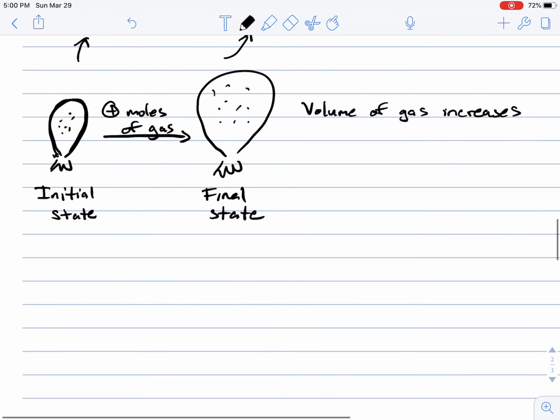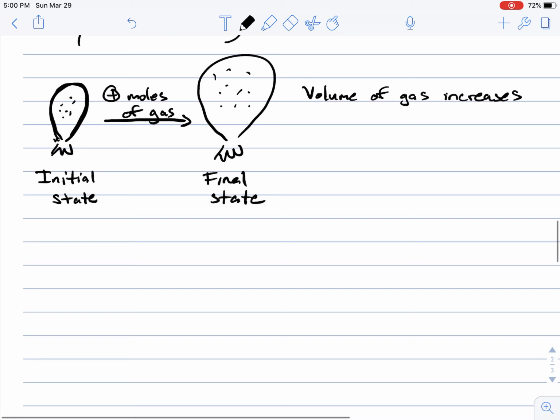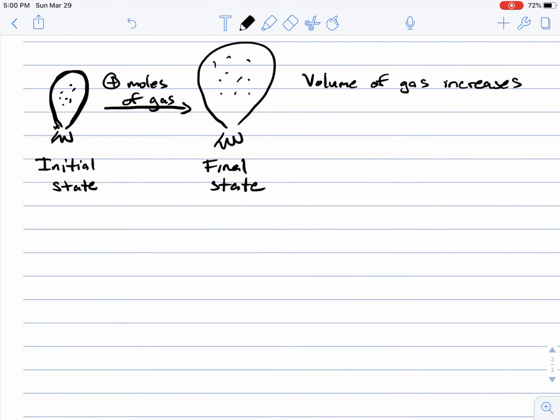And so if we take a step back and think about the relationship between moles of gases and volume of gas, if we add more moles of gas, then that means that we increase the volume of the gas. So overall, there's a proportional relationship between the two, such that volume is proportional to N. So N is going to represent moles of gas.